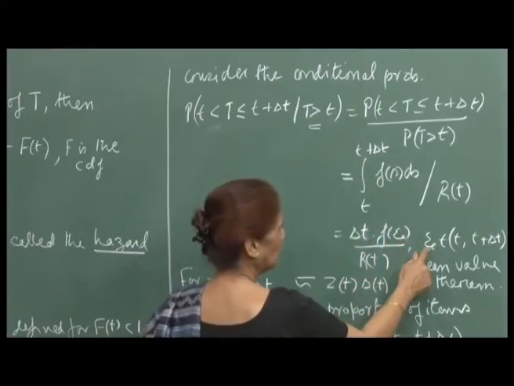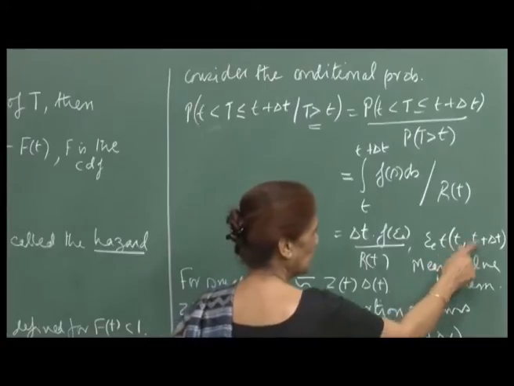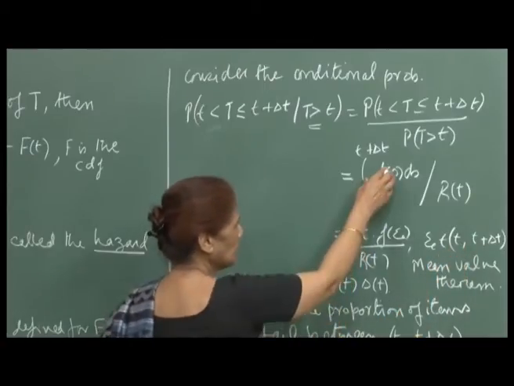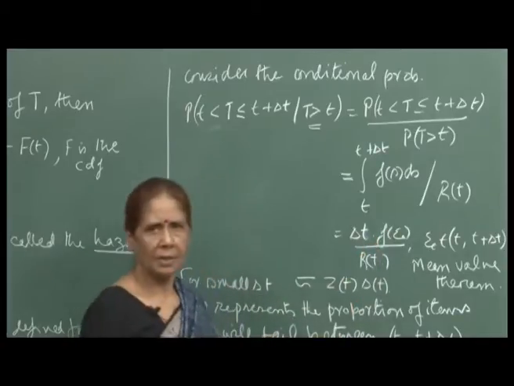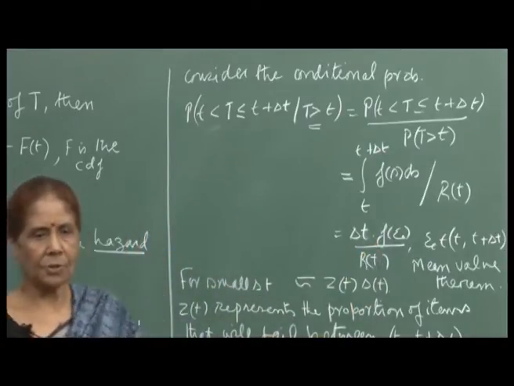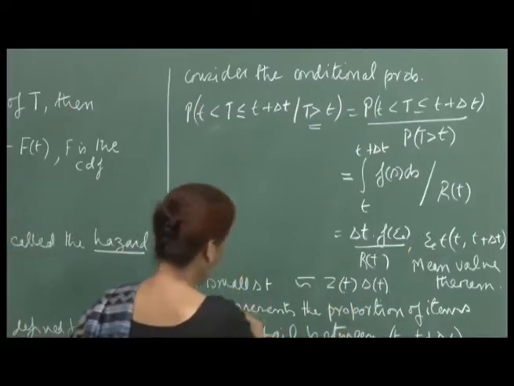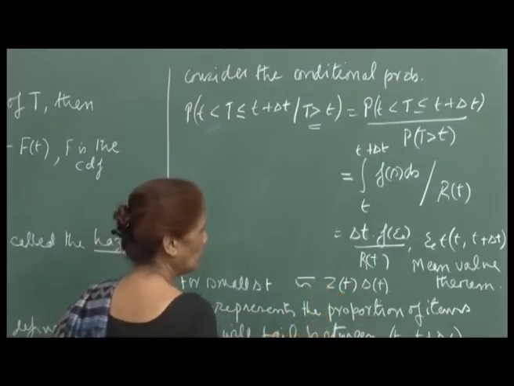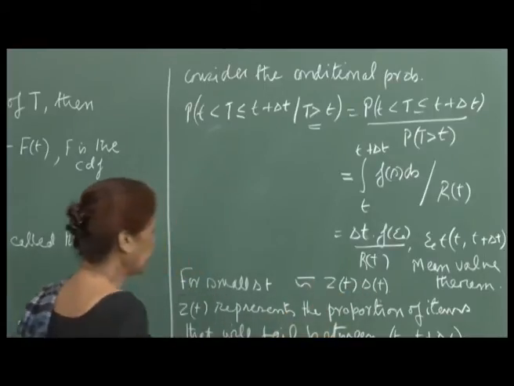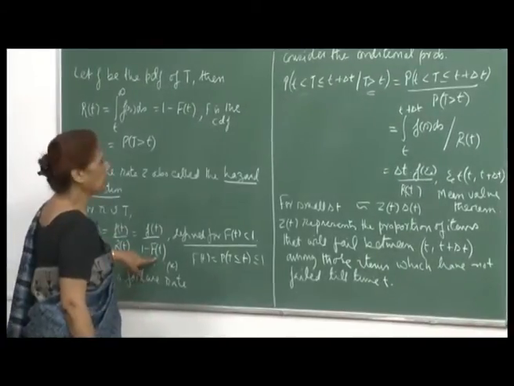So, there exists a real number psi in the interval t to t plus delta t such that this integral equals delta t times f(psi). This is the well known mean value theorem of integral calculus, divided by R(t). Now, for small delta t, this is approximately Z(t) times delta t, because your failure rate is f(t)/(1 - F(t)).